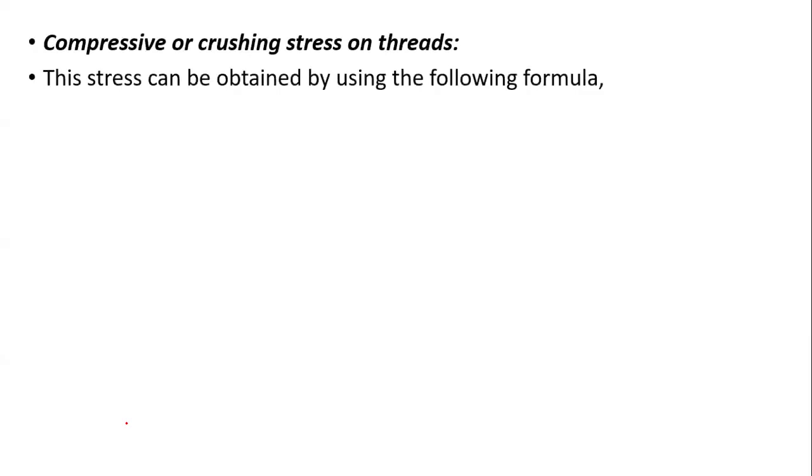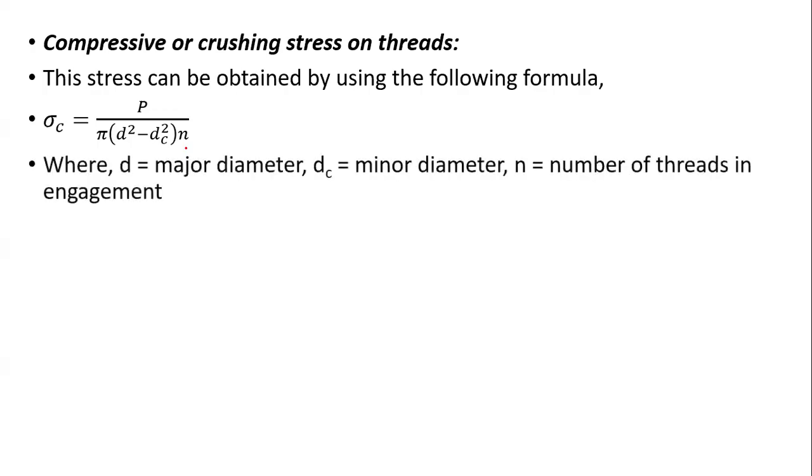Crushing of the threads due to compressive stress. Here, you find the force responsible for crushing, then divide by pi times (d squared minus dc squared) times n, where n is the number of threads, dc is the core diameter, and d is the nominal or major diameter.